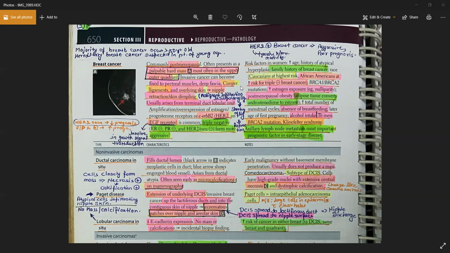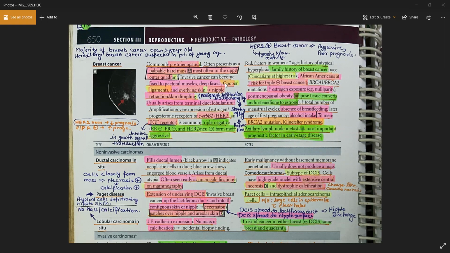That stromal tissue contains these Cooper ligaments, and when the malignant cells infiltrate this area, cell death occurs, then healing and fibrosis occur, which can lead to contraction and shortening of these ligaments. As a result, at the site of the cancer, the patient will get skin dimpling. Nipple retraction or skin dimpling is always present because of this involvement of the Cooper ligaments. Is that okay?